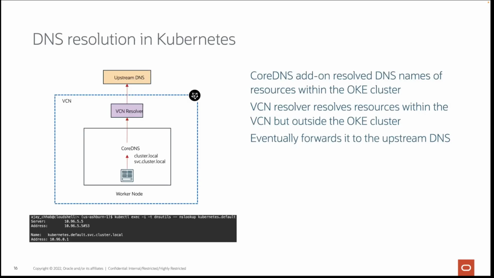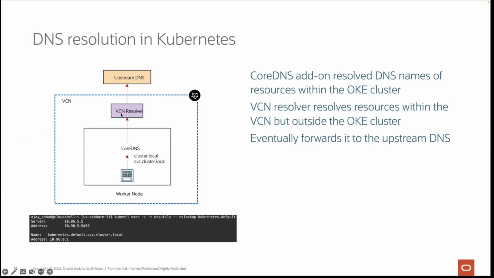When we think about how we are incorporating the DNS of the Kubernetes cluster with the DNS of the VCN, it is important to remember that anytime our pods need to make a DNS call, that call would first go to something called CoreDNS, which is a service running inside the OKE cluster.